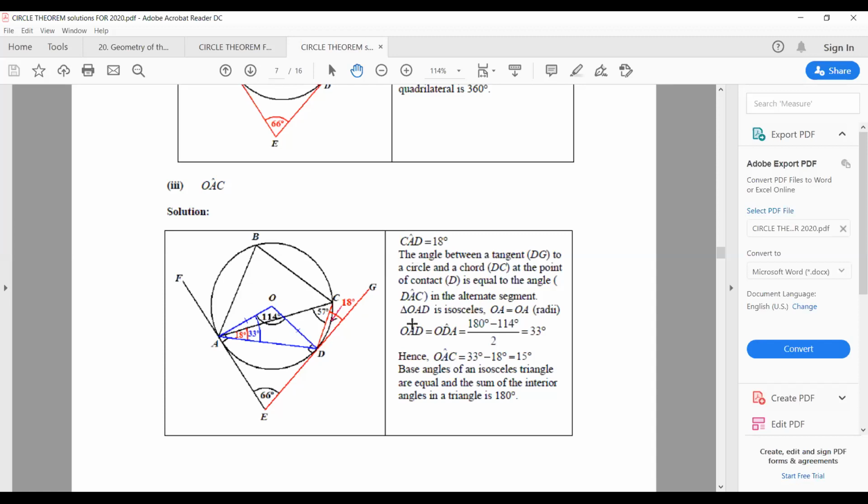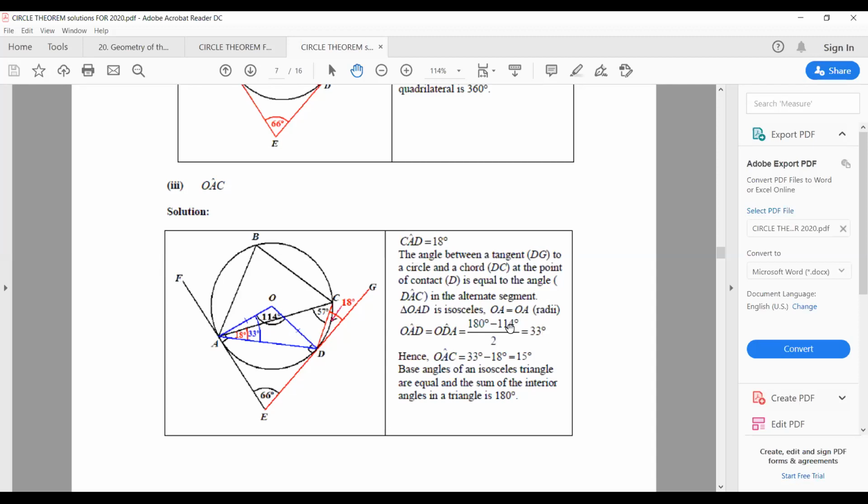Now, we are seeing here that triangle OAD is isosceles. So that means that OA and OD are equal to each other, because they are both radii. So angle OAD and ODA will also be equal to 33 degrees.